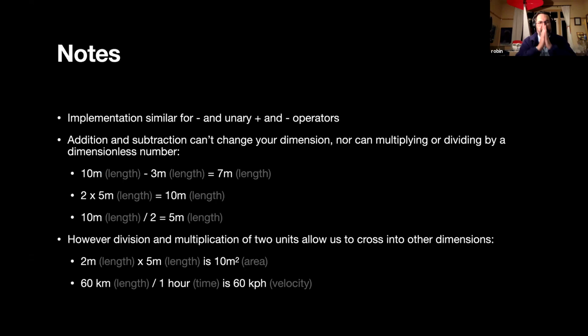Just to go on from that, the implementation details are similar for subtraction and also for unary plus and minus, which means if you write -1 or -7 or minus brackets some expression, it just multiplies it by -1. There is a weird little syntax thing which I've skipped over in this presentation, where when we tried to do pattern matching with these, there was actually a syntax error, and there's a bug in Elixir for that.